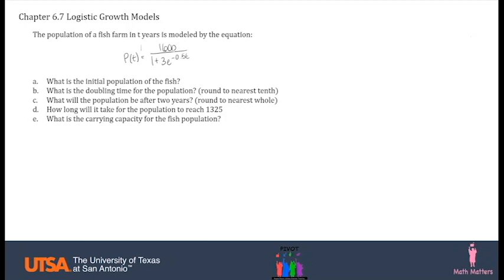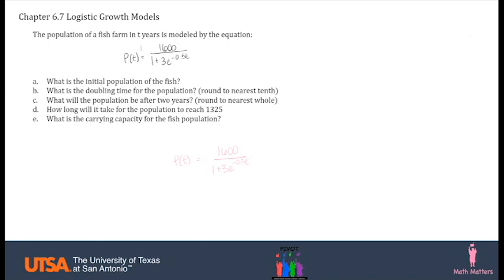And with functions like this, what happens is it grows exponentially and then it levels off because it can't just approach infinity. So what we can do is have the equation here, P of t equals 1600 all over 1 plus 3e to the negative 0.5t.